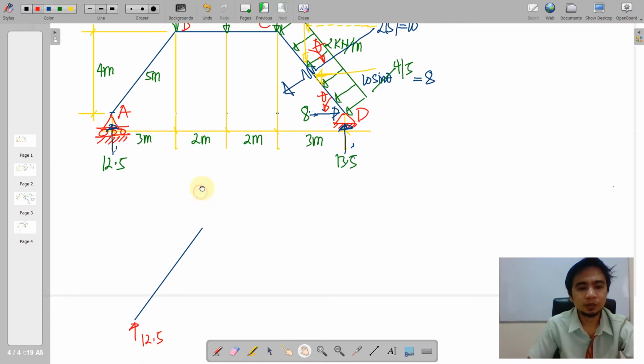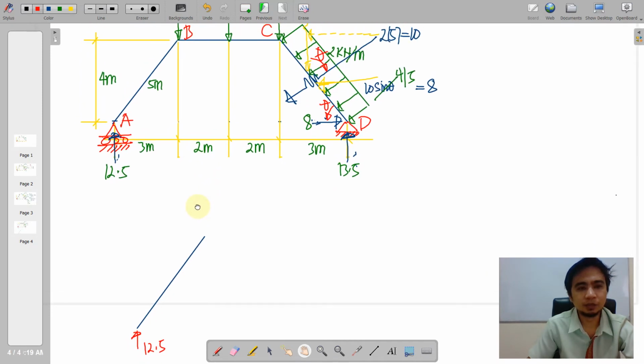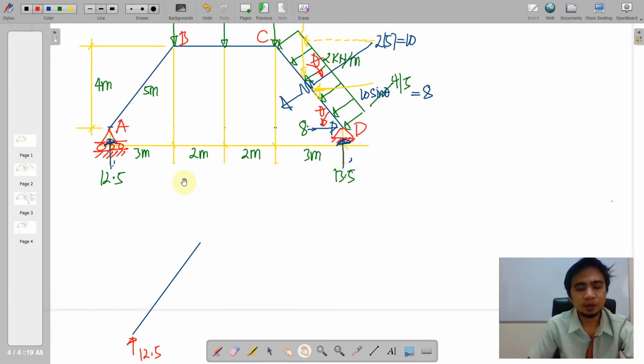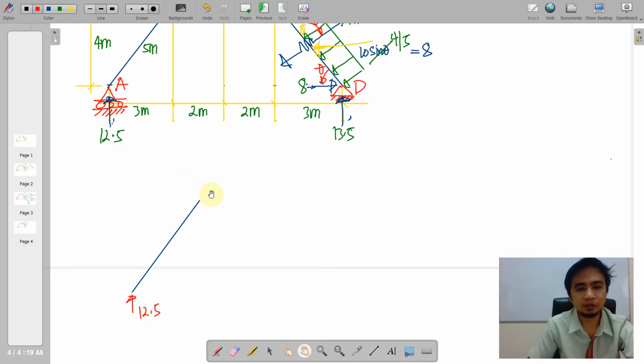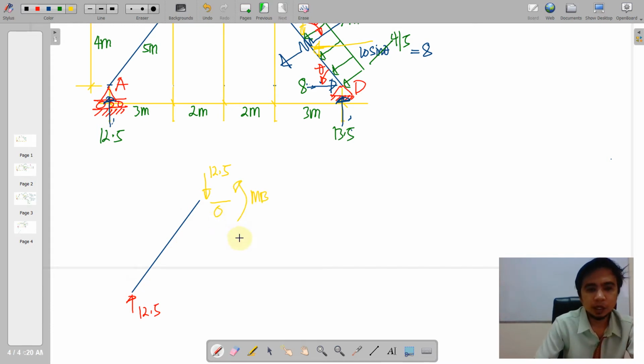So on our external force along AB, this will be countered by internal forces. So obviously this is downward 12.5, and our horizontal force is obviously 0. We do not have any horizontal force here. And moment at B is yet to be computed.